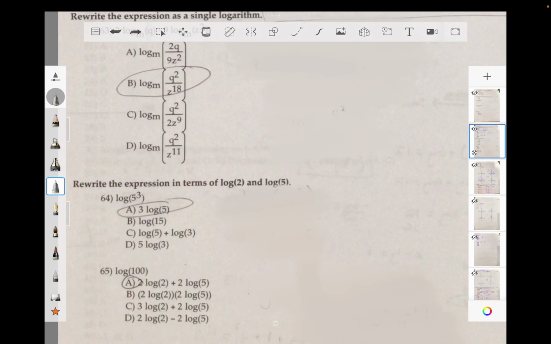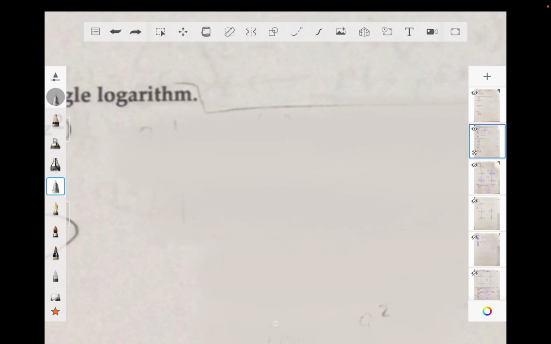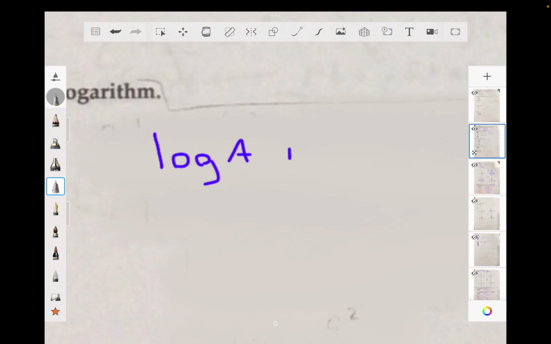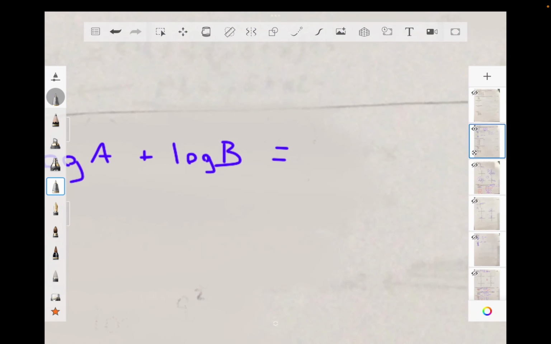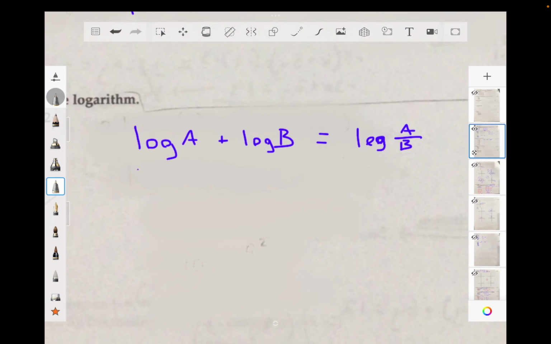Okay. For logs, there's a lot of rules with logs. I suppose I could write the ones I do remember. For log, or natural log, log A plus log B equals log A over B. I already messed up.